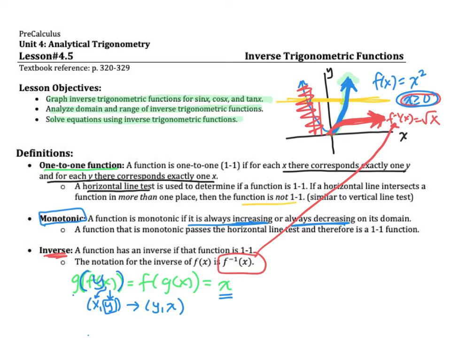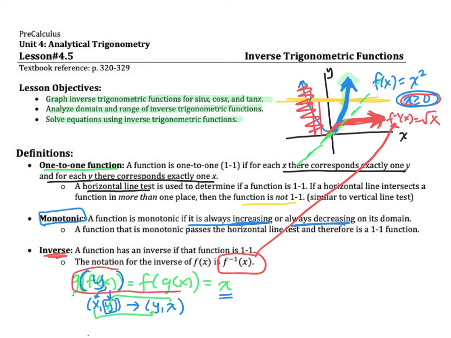Graphically, if we have a line going through here, they reflect over that line, and those are inverses. So the x becomes y, and the y becomes x.